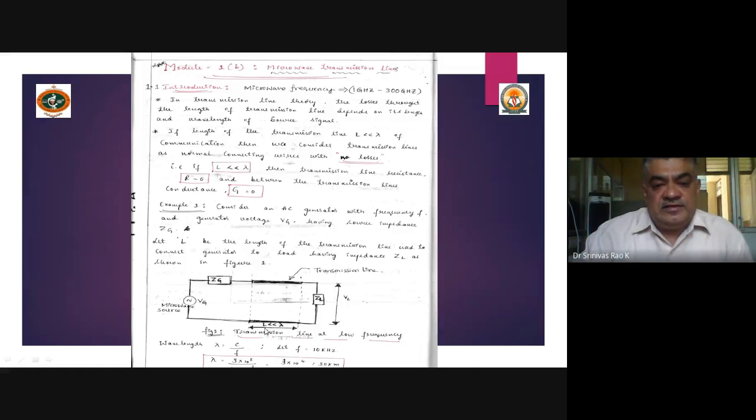Now if the condition is that length is far lesser than lambda, wavelength is given by C by F. If I consider the source frequency F equal to 10 kilohertz, then lambda equals C by F. We know C is 3 times 10 to the power of 8 meters per second, divided by 10 kilohertz.